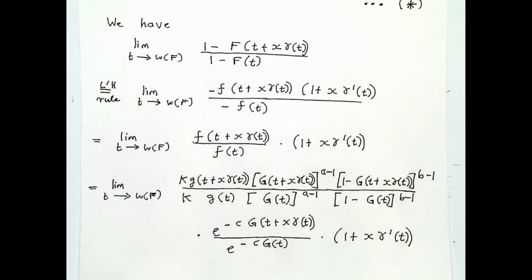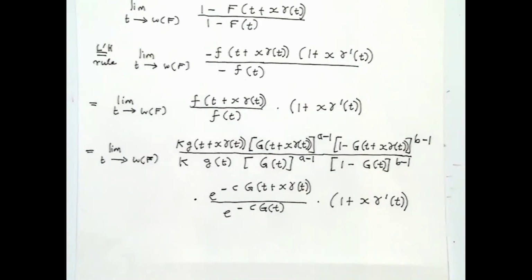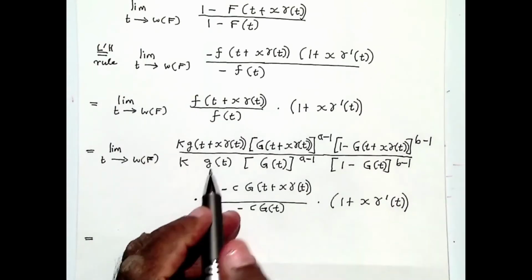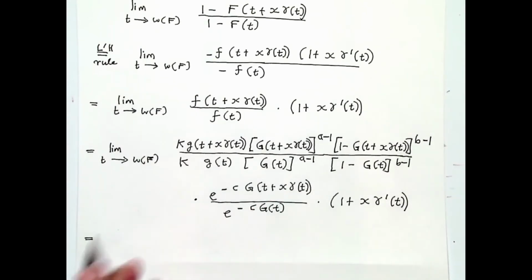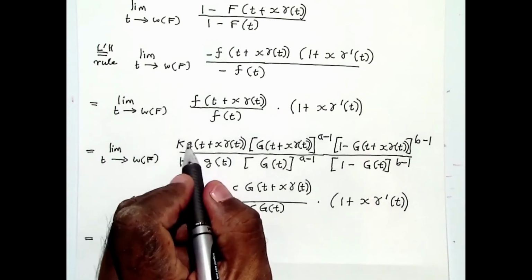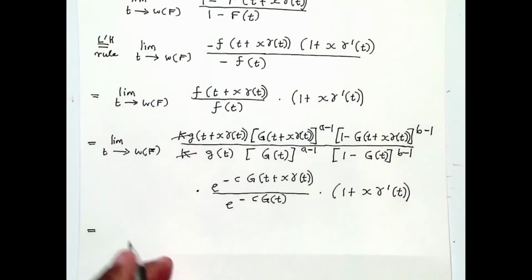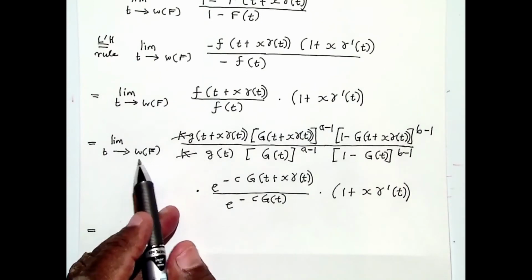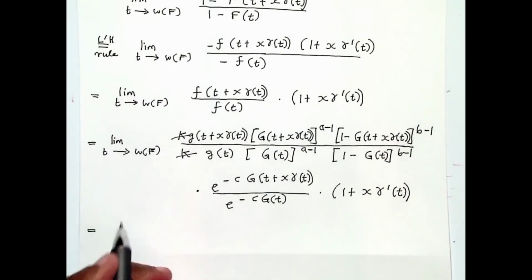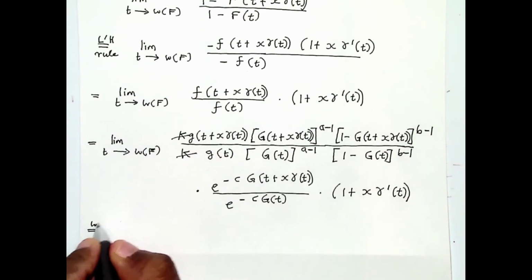Okay, all right. In the next step, I'm going to group these things together, right? And also you note that the two k's cancel out; they are constants, right? And also I'm going to replace w of f by w of g, because that is an assumption of the question, right?